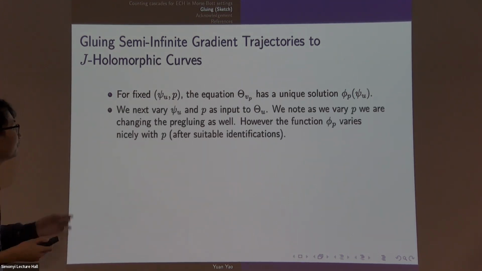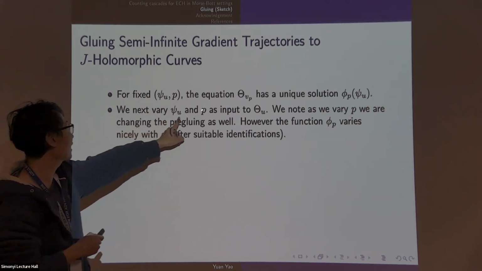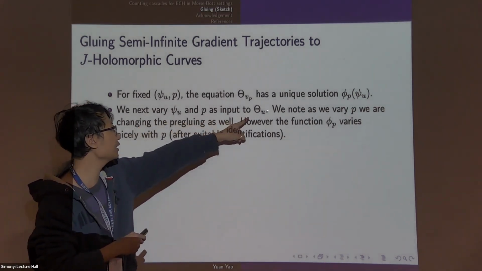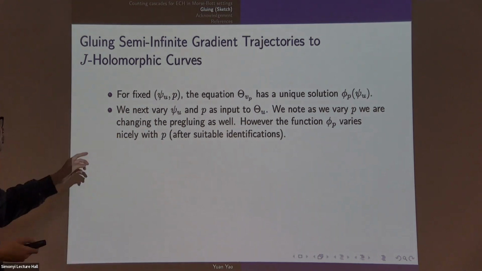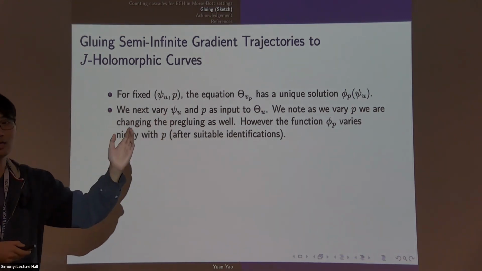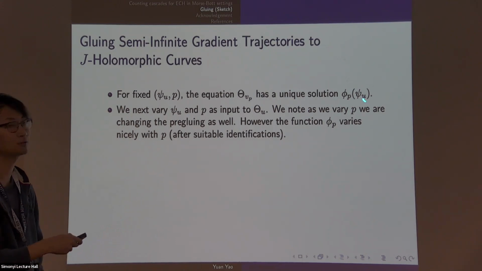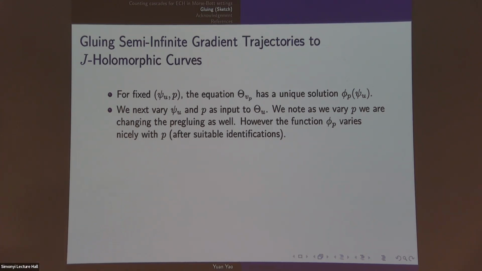Next we vary psi of U and P as inputs to theta of U. As we vary P, we're changing the pre-gluing by a lot as well, but via parallel transport, all these vector fields can be identified. So the vector field phi of P varies nicely with P. As you vary this pre-gluing, after these identifications, it changes in a controlled fashion.